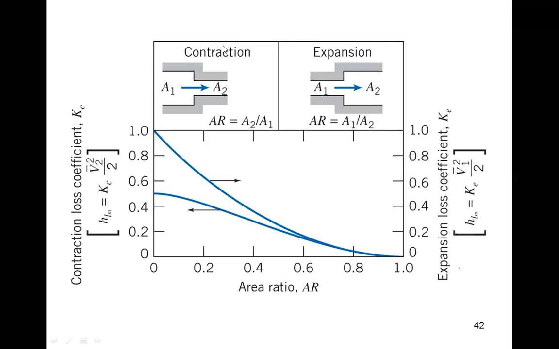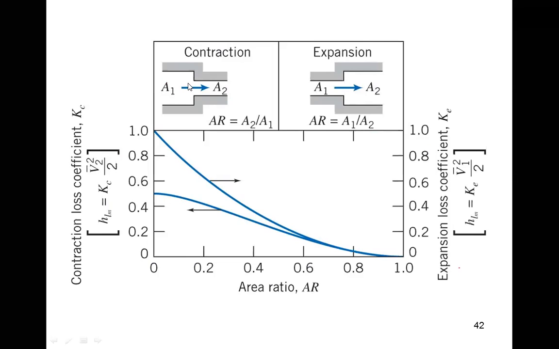The first one is called a contraction. Another one is called an expansion. A contraction is when you have a bigger diameter pipe connected to a smaller diameter pipe. An expansion is when you have a smaller diameter pipe connected to a bigger diameter pipe.